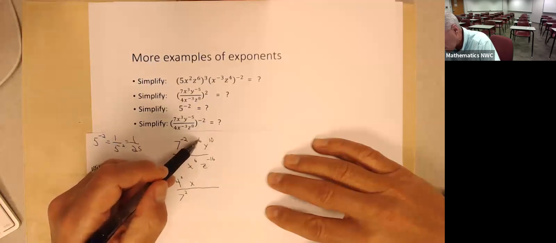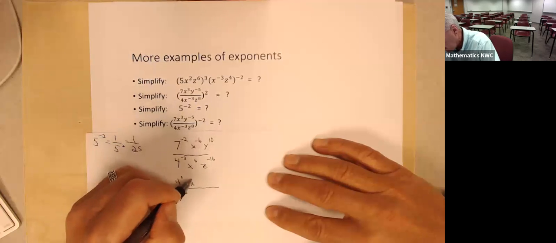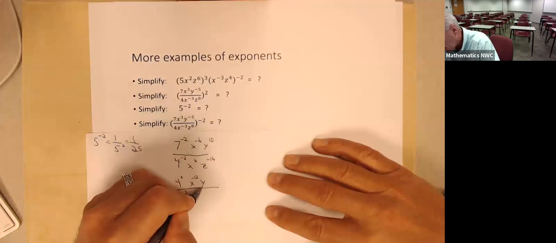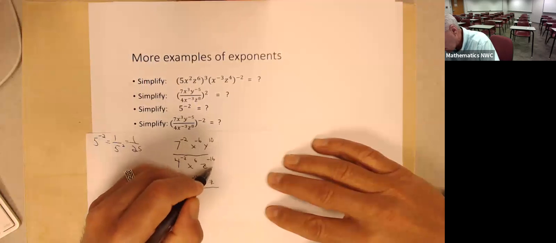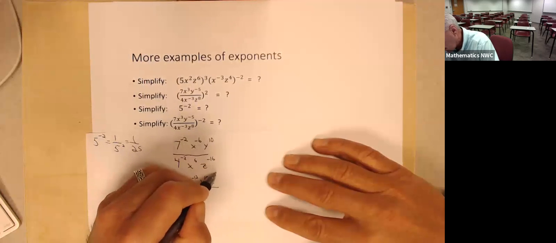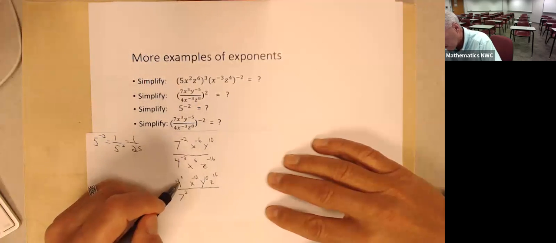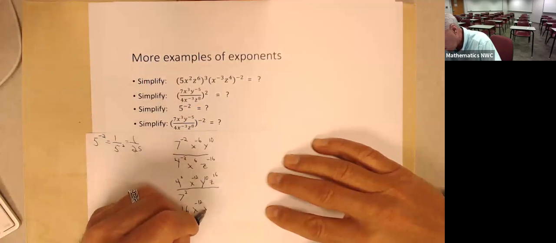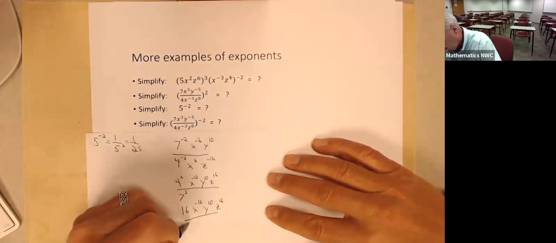So I take a negative 6, subtract 6. Either way, I get a negative 12. The y stays up there. The z, I'm going to move up to the numerator, making it a positive. So 4 squared now is 16, x to the negative 12, y to the 10, z to the 16, all over 49.